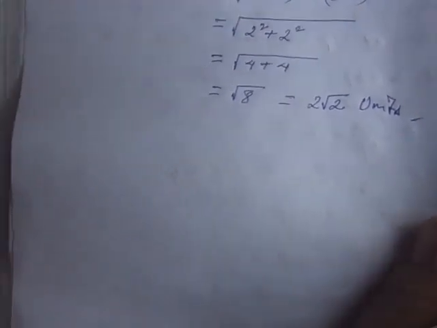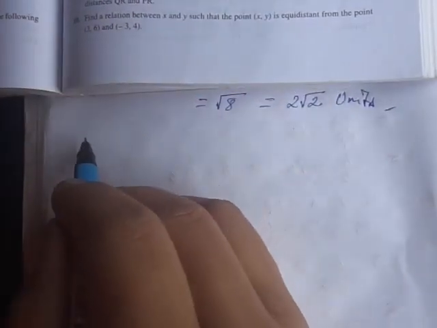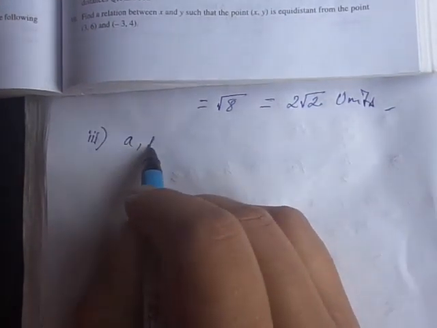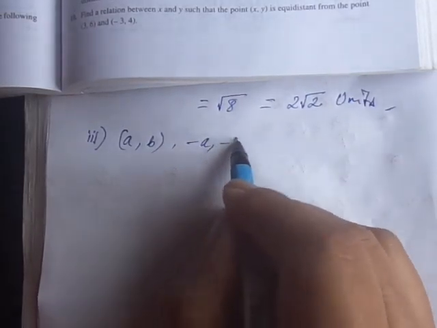Like that, we have to do all these things. So number 2 also, you try. Then number 3: it is given (a, b) and another is (minus a, minus b).